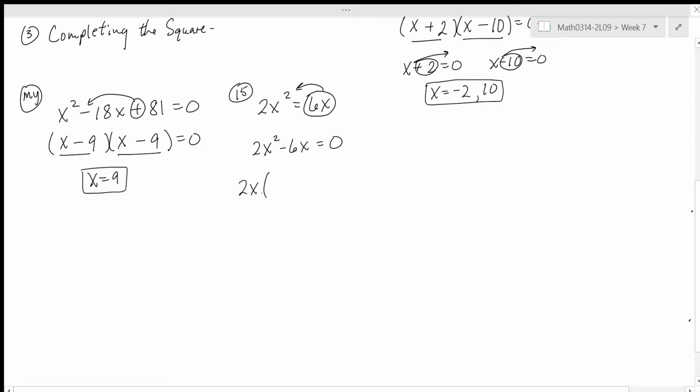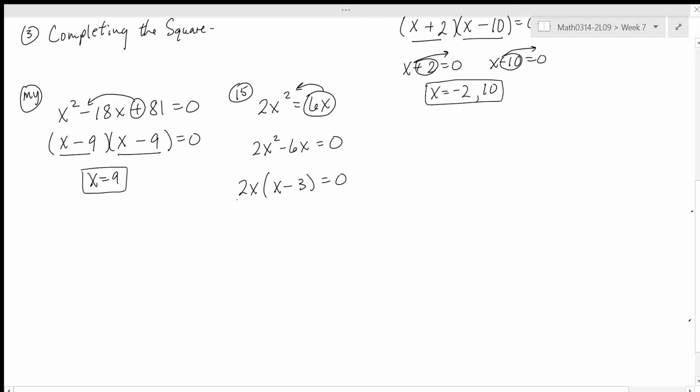And so I'm going to be able to factor out a 2 and an x. What will that leave me with? Does everybody agree with x minus 3? Everybody see why it's x minus 3.